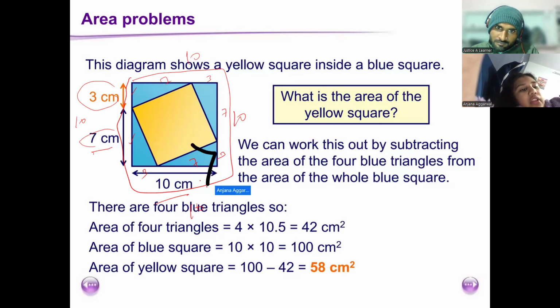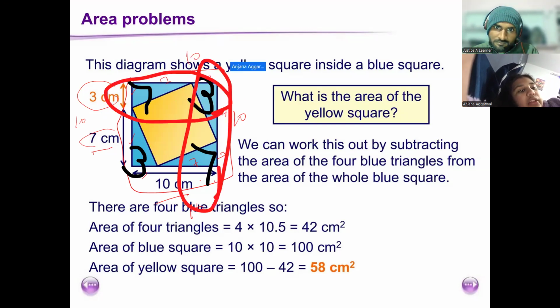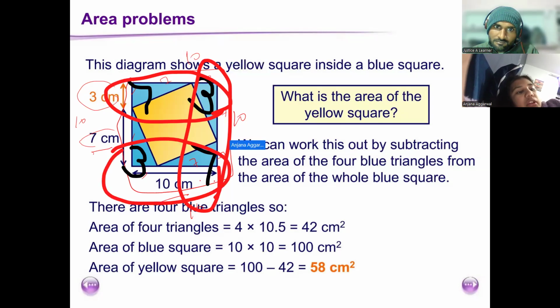If this is 7 and this is 3, that means this is 3 and 7, because this makes 10, this makes 10, this makes 10, and this makes 10. So it works.